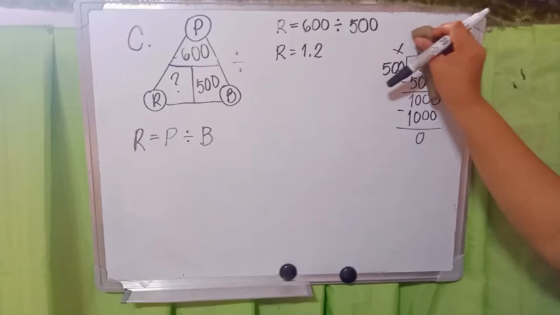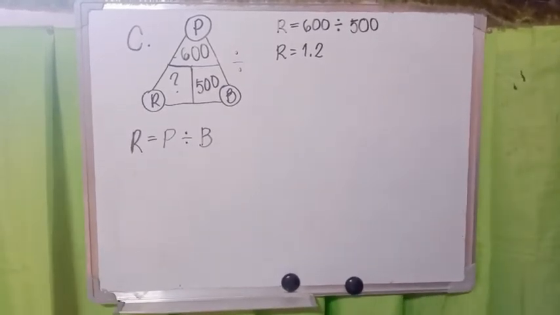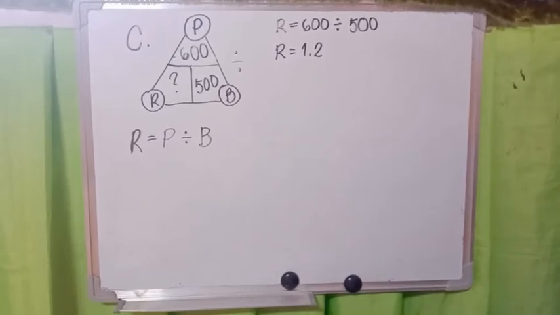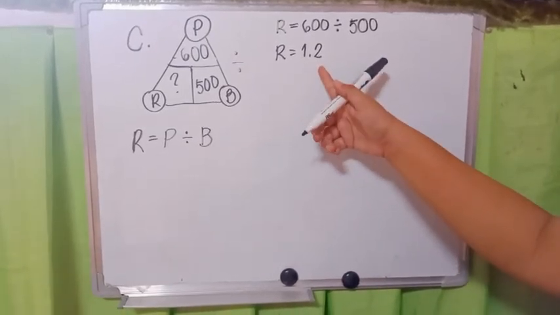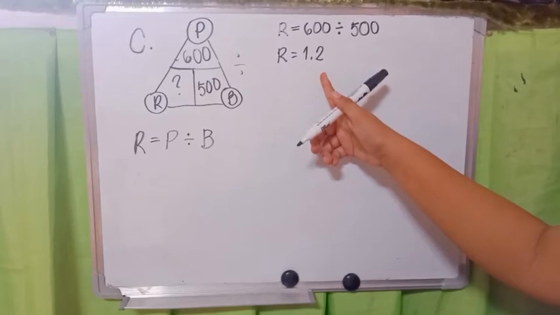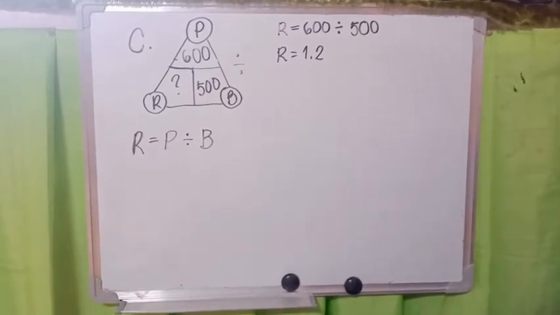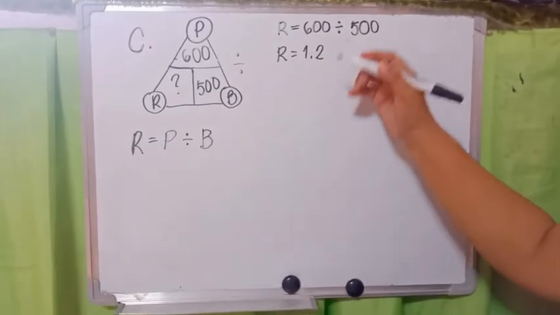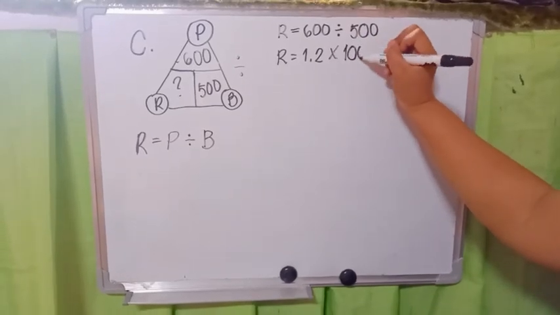But then, it is not your final answer. That is still a decimal. Always remember that rate, we don't have any decimal point. So we need to convert this decimal into percentage or percent. You need to convert this decimal into percent by multiplying it by 100.